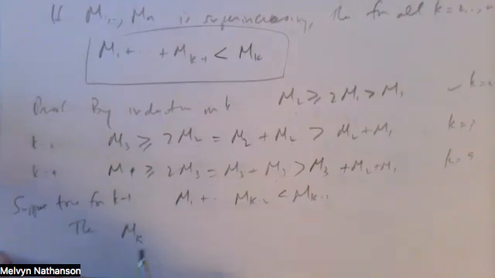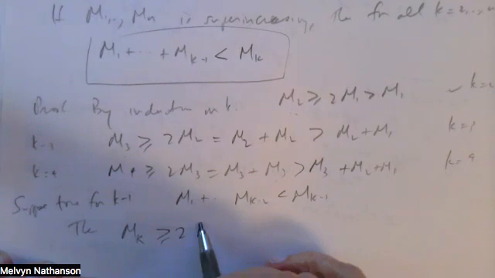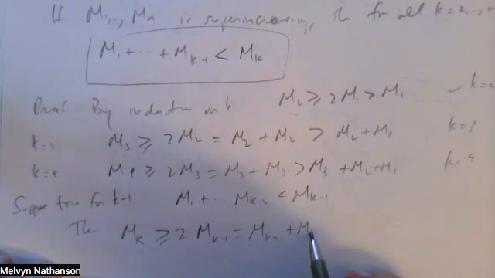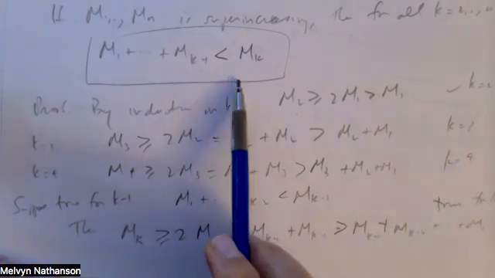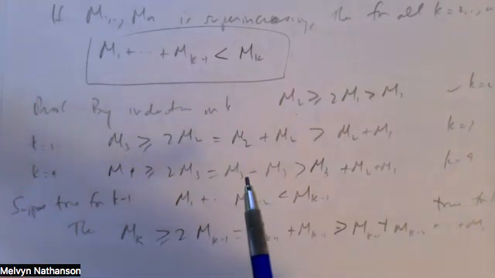Well, Mk, because the sequence is super increasing, is at least 2 M sub k minus 1, which is M sub k minus 1 plus M sub k minus 1. But M sub k minus 1 is also strictly bigger than M sub k minus 2, all the numbers down to M sub 1. So it's true for k. So if this inequality is true for k minus 1, it's true for k, so it's true for all k.